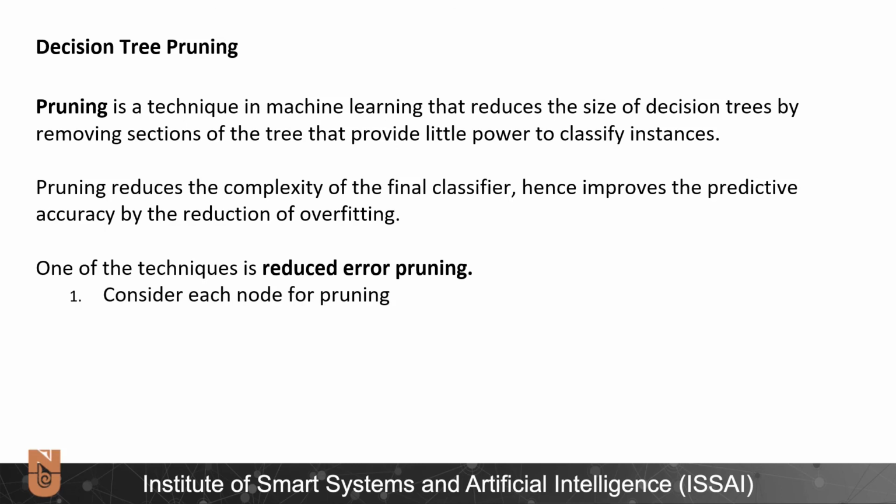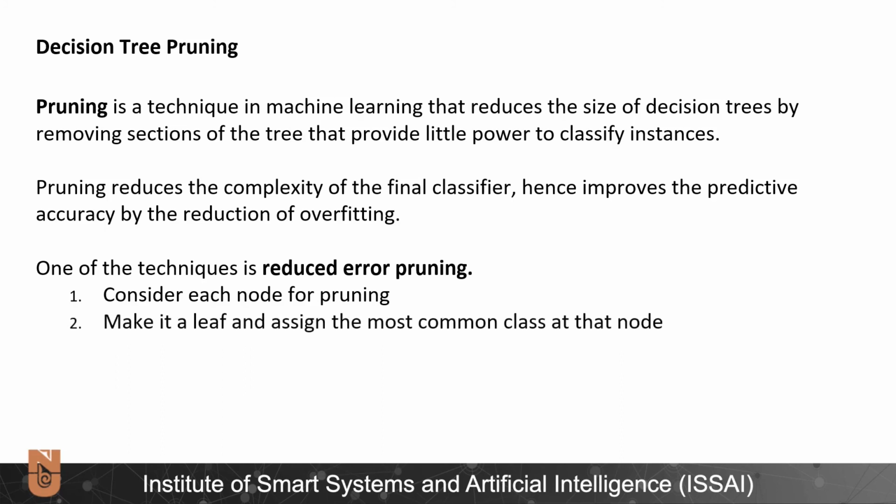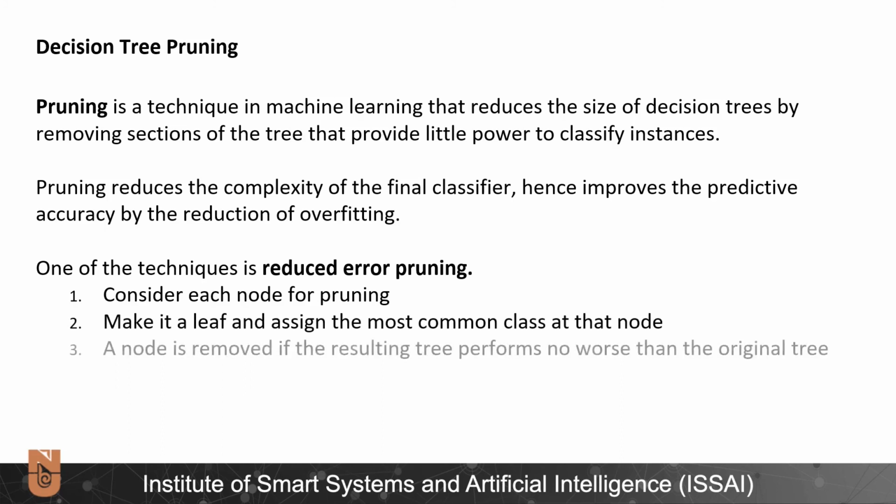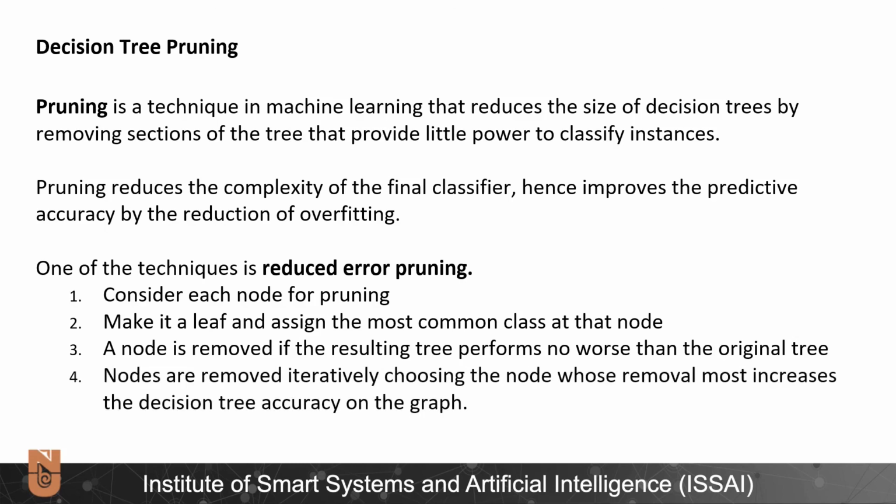Reduced error pruning will consider each node for pruning and then make it a leaf and assign the most common class at that node. A node is removed if the resulting tree performs no worse than the original tree. Nodes are removed iteratively, choosing the node whose removal most increases the decision tree accuracy on the validation set.